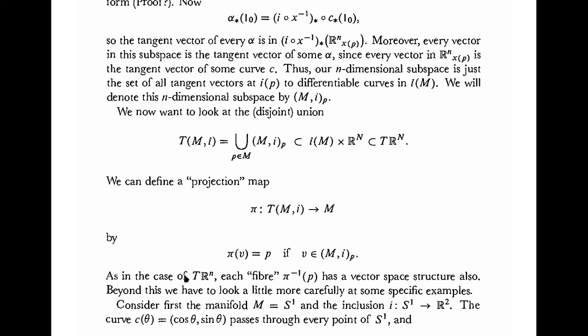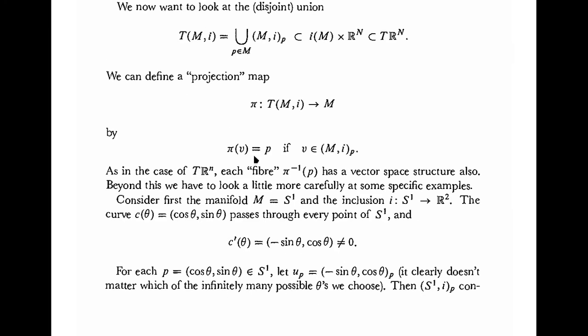You have a total space, a base space, and this projection map, except in our case, at each point in the base space, if you look at the pre-image, you get a very nice vector space called the tangent space. That was not the case in general fiber bundles. So these are your tangent bundles.